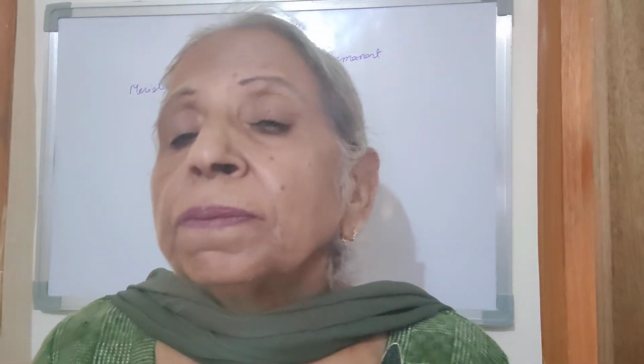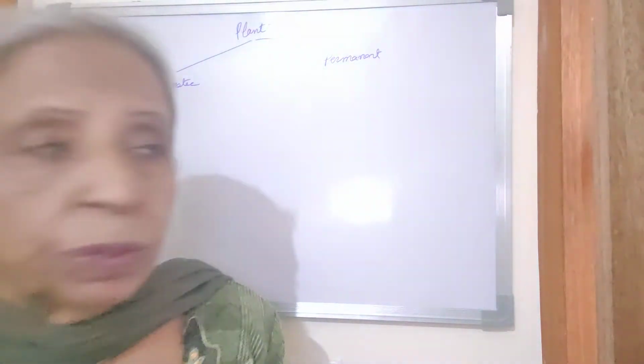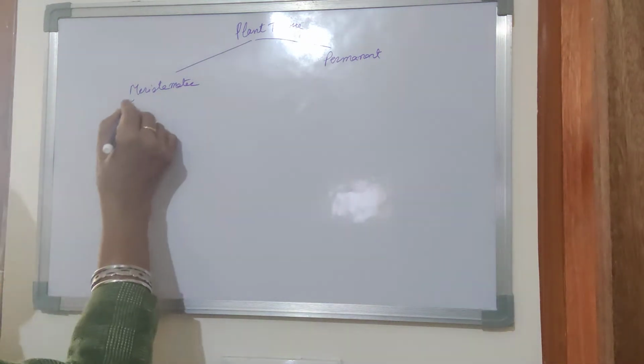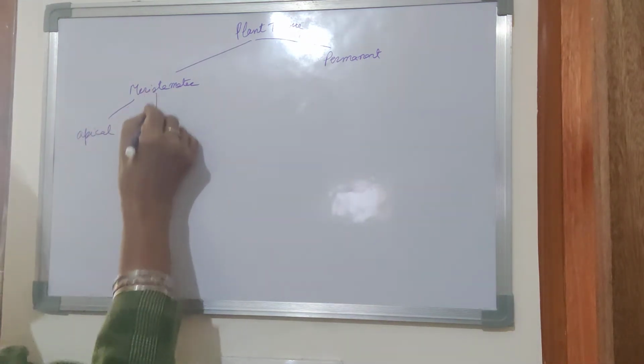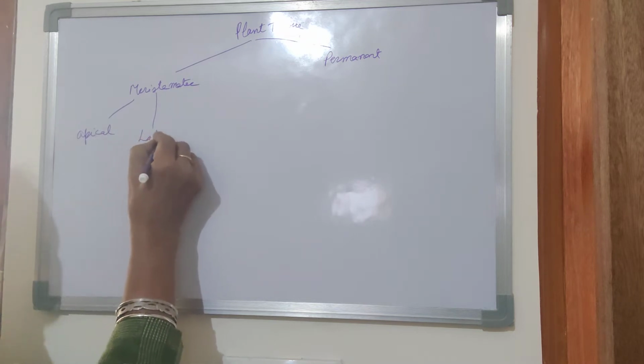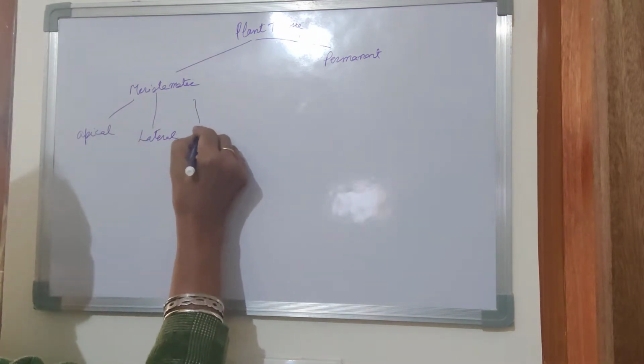In the meristematic tissue, there are three types depending upon their location: apical, lateral, and intercalary.